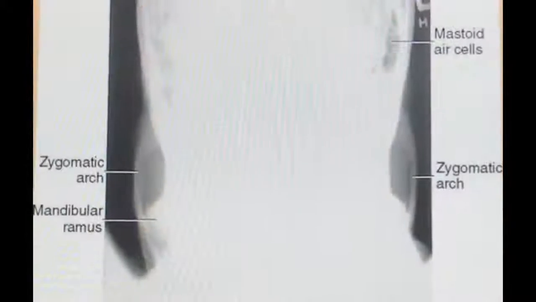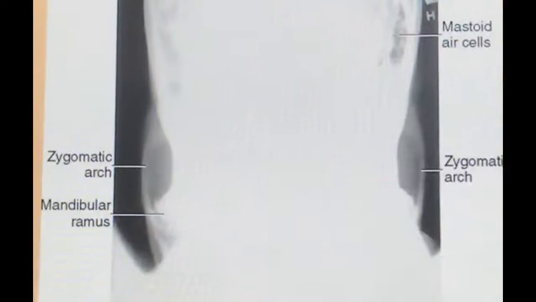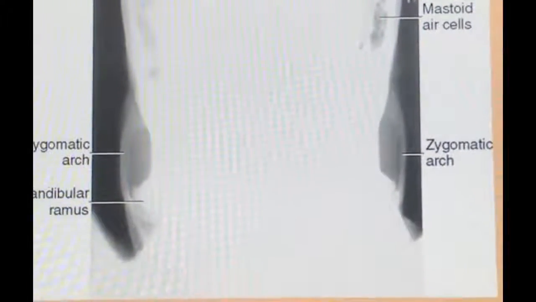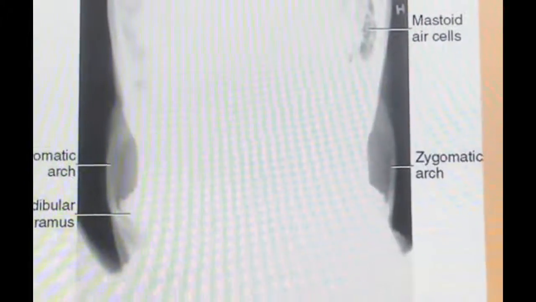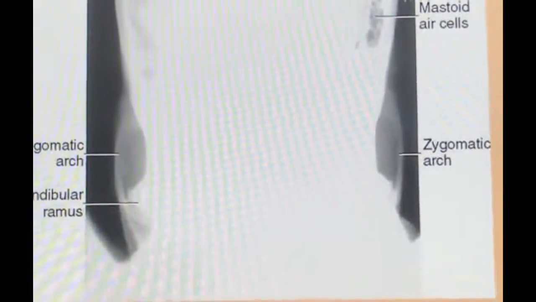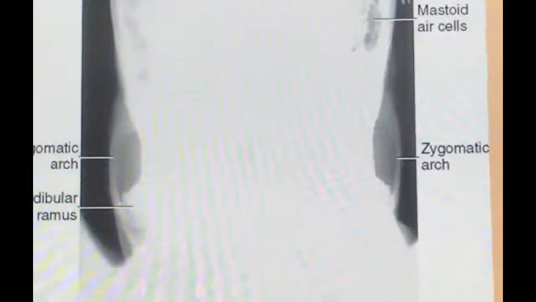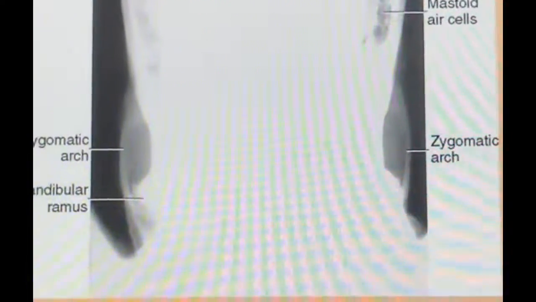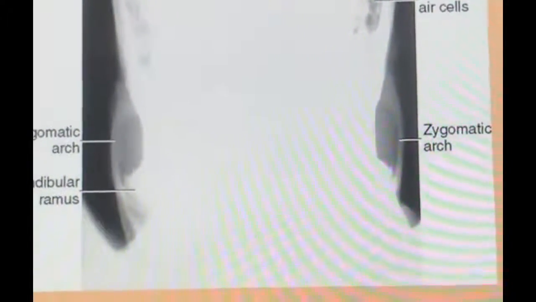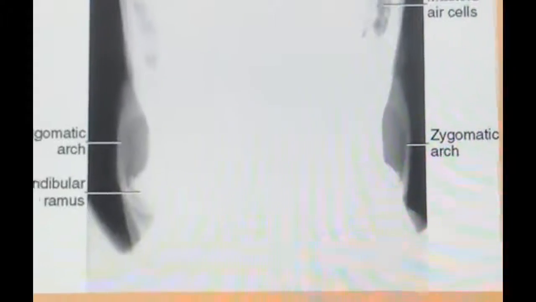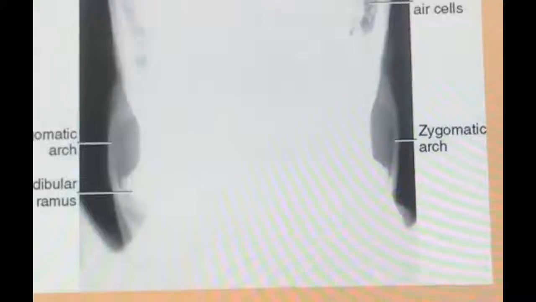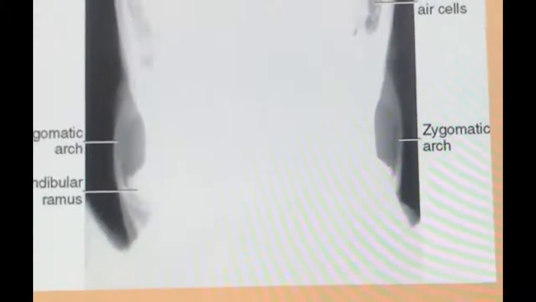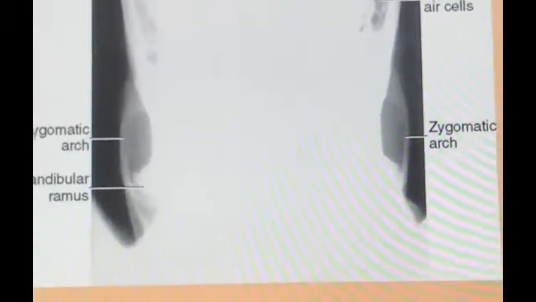So evaluation criteria for the modified Towne's view for the zygomatic arches, or your submentovertex view. In terms of rotation or positioning, no rotation is evident when you are able to see a symmetric appearance of the zygomatic arches bilaterally. In terms of your exposure, you should have sufficient contrast and density so that you are able to visualize the zygomatic arches.